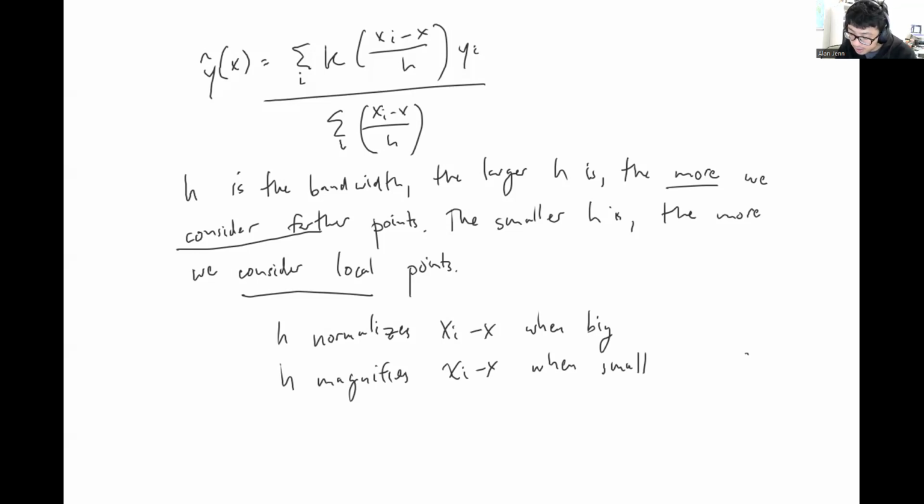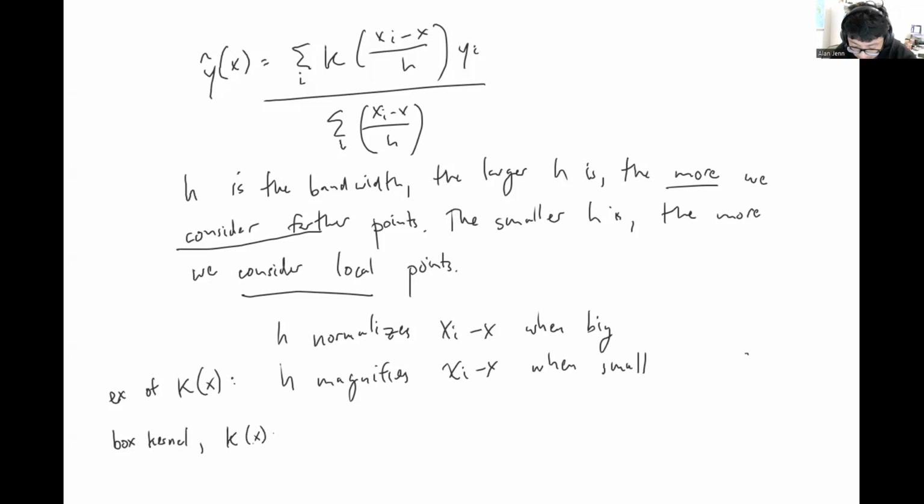Okay, so let me give a couple examples of k of x, which is our kernel transformation. There's something known as the box kernel. There are actually more kernels that I'm not going to list here, but these are by far the most commonly used.